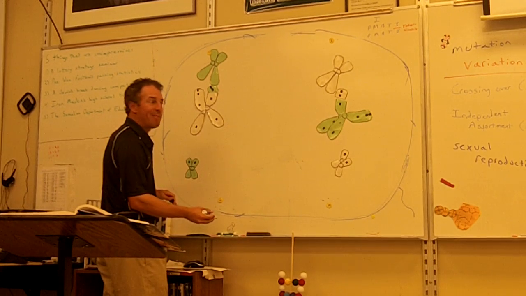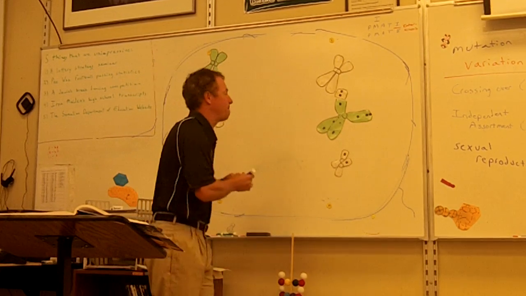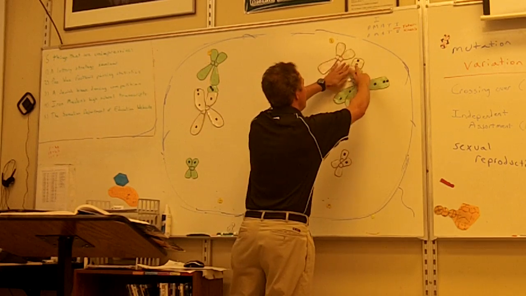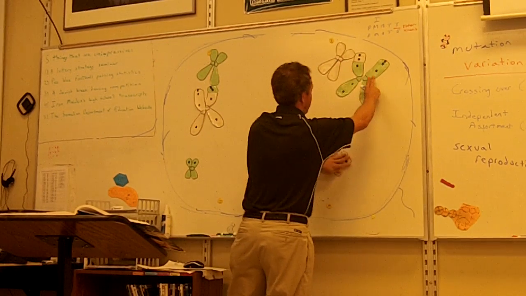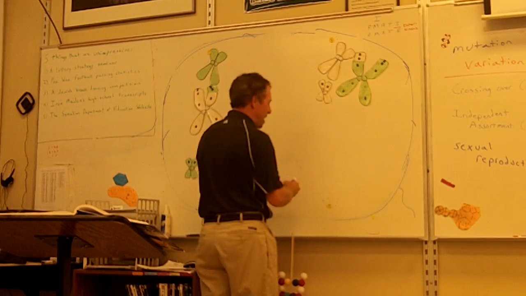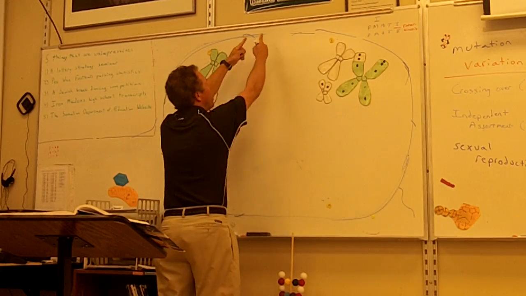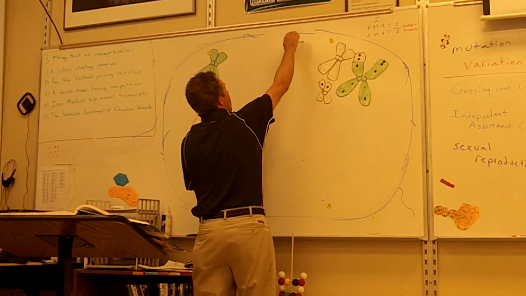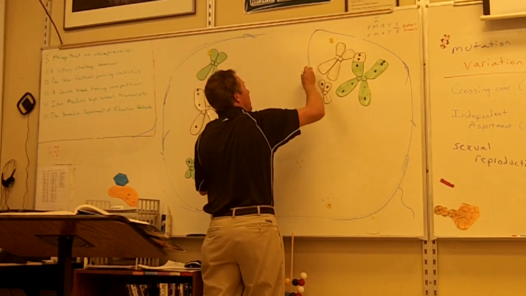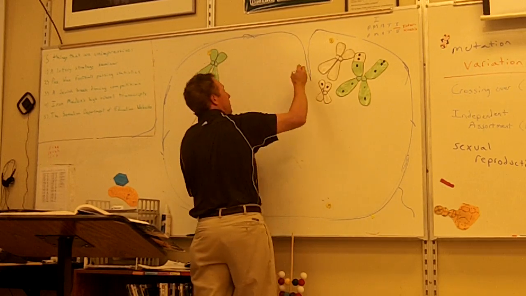Right? But that doesn't happen in female humans. What happens in female humans is the split is uneven. Instead of splitting straight down the middle, it splits kind of like this.